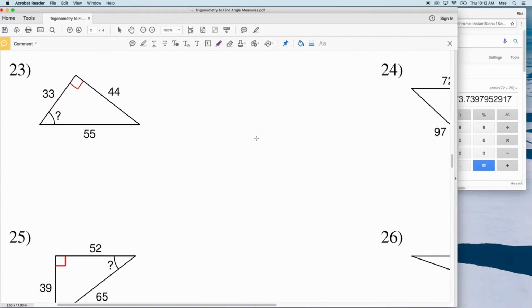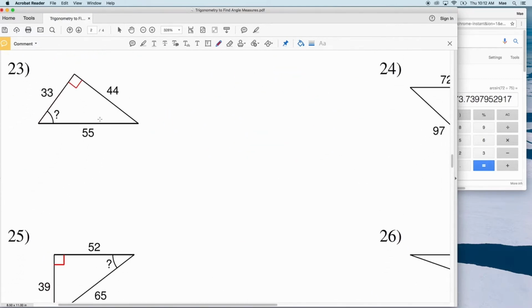In number 23, we have 33, 44, and 55. If we're looking at this angle, let's go ahead and call this angle R. I used sine in the previous one, so I'll go ahead and use cosine this time. When I'm using cosine, I need to use the adjacent side over the hypotenuse. Our hypotenuse is 55, and the adjacent side is going to be 33.